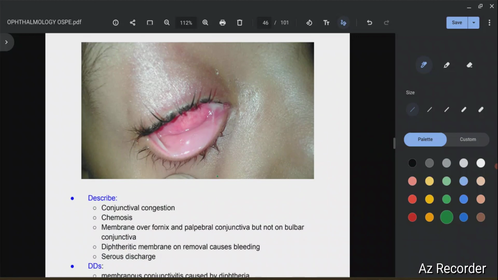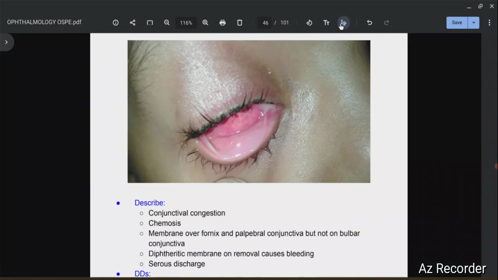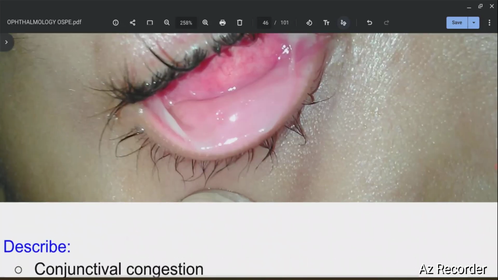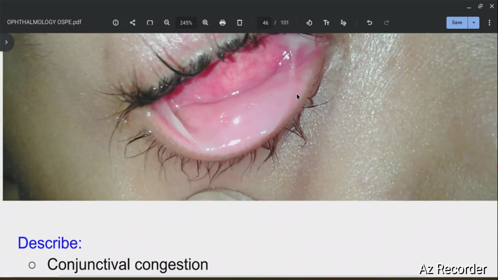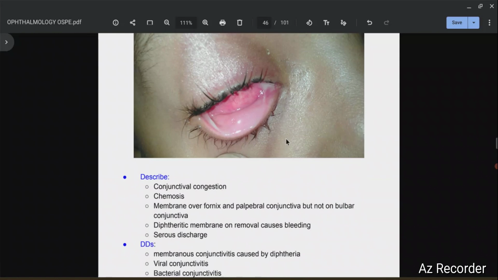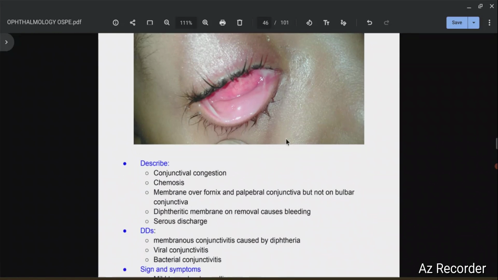The next bacterial conjunctivitis that we have is membranous conjunctivitis. Can you see the membrane formation over here? This is not your palpebral conjunctiva. If I zoom out, this is actually a membrane formed over your palpebral conjunctiva on the inside of your eyelids. Can you see conjunctival congestion, meaning redness, over here? There is significant chemosis, so the conjunctiva is swollen.